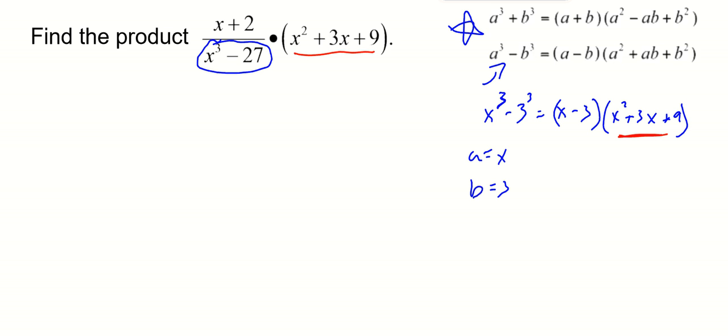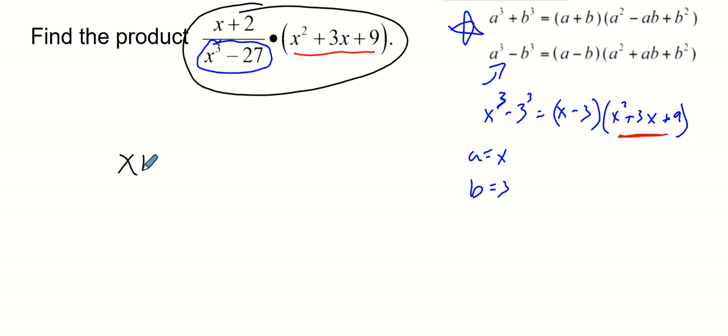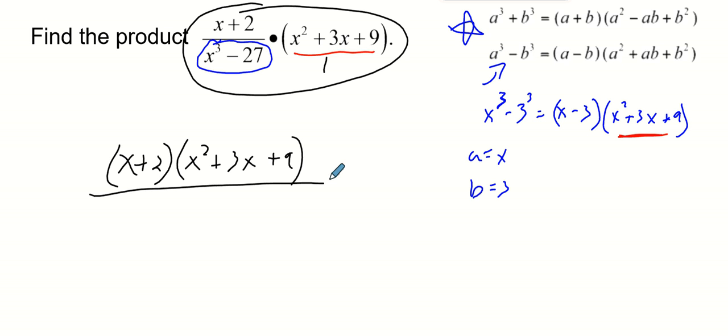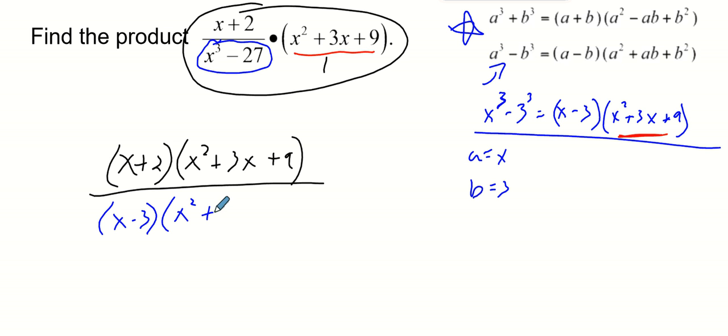So now I can bring this back to factoring. So x plus 2 I'm going to put in parentheses. Numerator, so this is like over 1. So this is x squared plus 3x plus 9, all over. Well, we know x cubed minus 27 can be factored into this, so we get x minus 3 times x squared plus 3x plus 9.